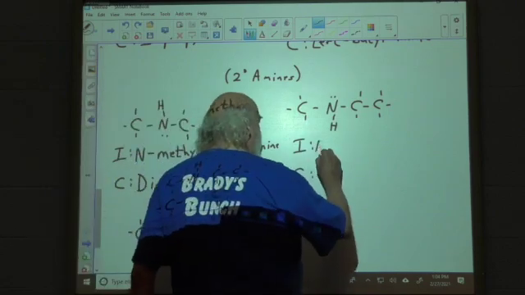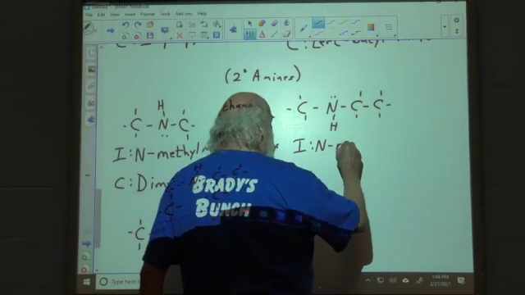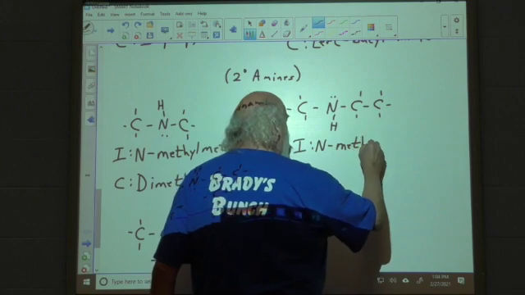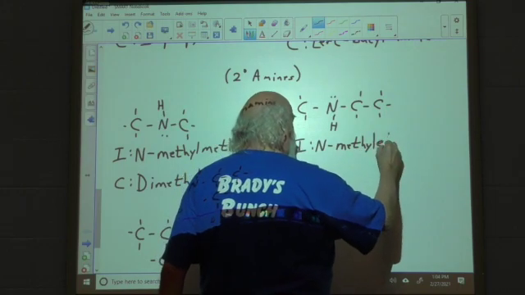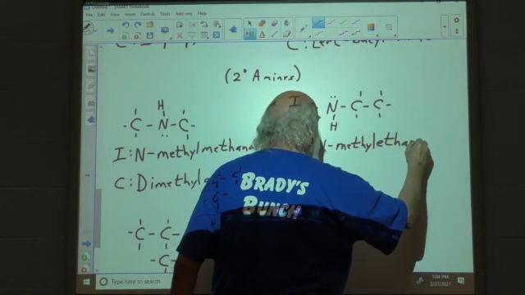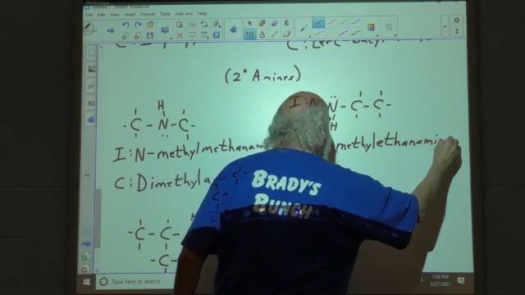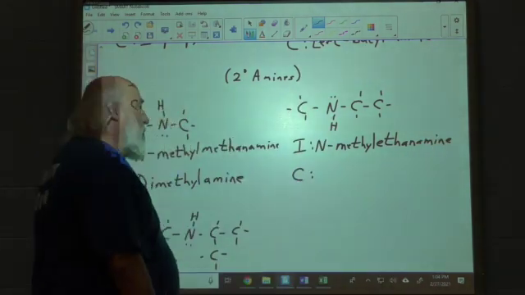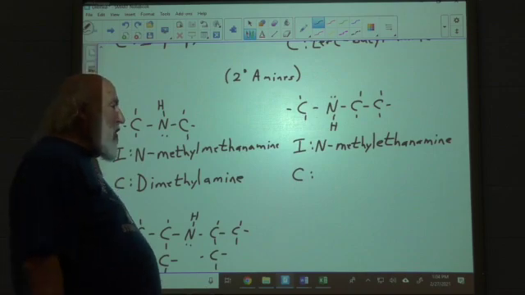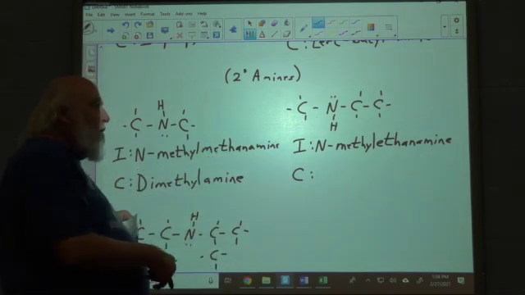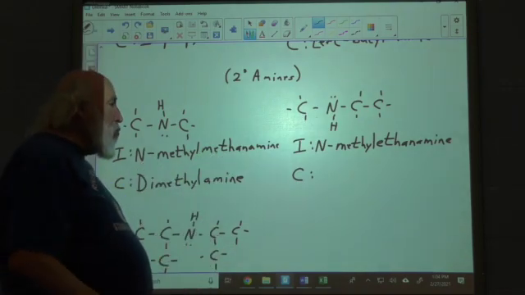So this is N-methylethanamine. Beauty and simplicity. Even though it doesn't look simple, you understand what the words mean, it is really nice.